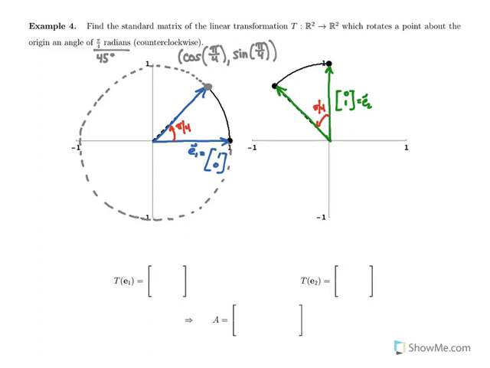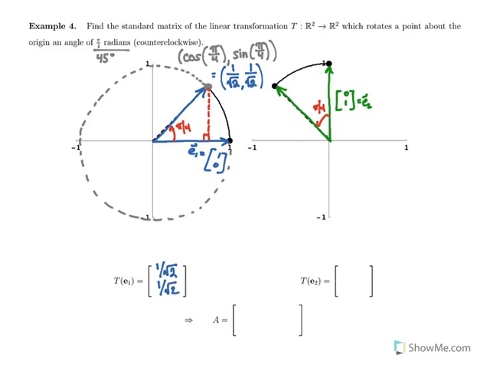We could build some triangle to find those values, but that's going to be, in this case, 1 over root 2, 1 over root 2. Or you can think about that as square root of 2 over 2. That's the same thing. So that means that if I take the transformation and I plug in E1, I'm getting out 1 over root 2, 1 over root 2.